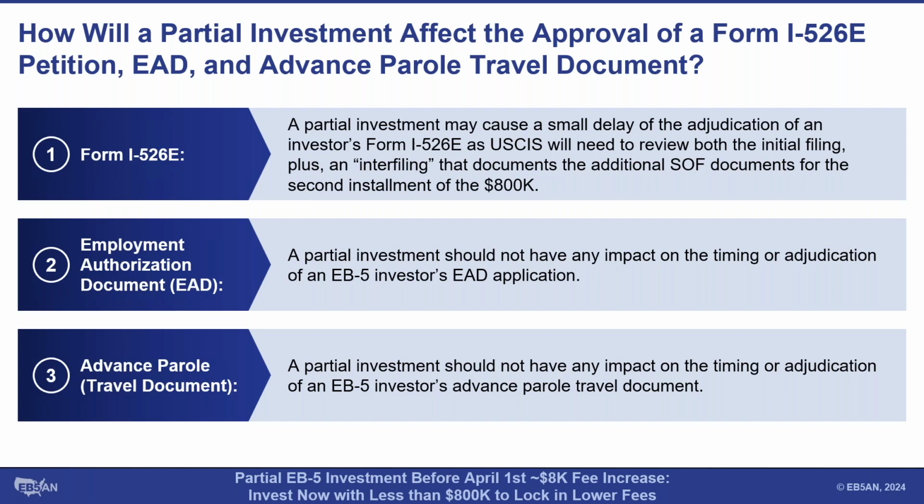So this requires a lot of documentation, and particularly under the new law, it requires 7 years of tax returns. It requires documentation in extensive detail regarding the source of funds. So when we're doing a partial investment, we still submit that information for the amount of money that we are investing at the time.